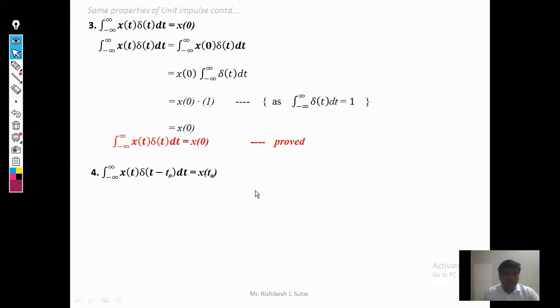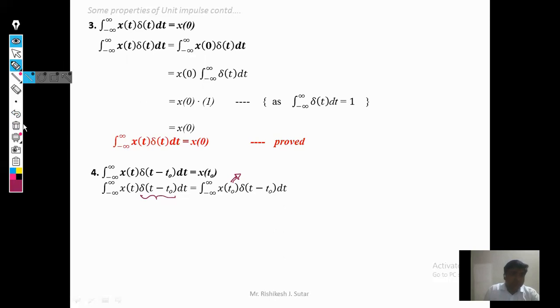On a similar line, I can go with the fourth property: integration of x of t delta of t minus t0 dt is equal to x of t0. You can again start with the left hand side. Now here it is delta of t minus t0, which exists at t equal to t0 only. So I can write here x of t0. Again, this x of t0 is a constant for me, so with respect to the integration over time I can take it outside.